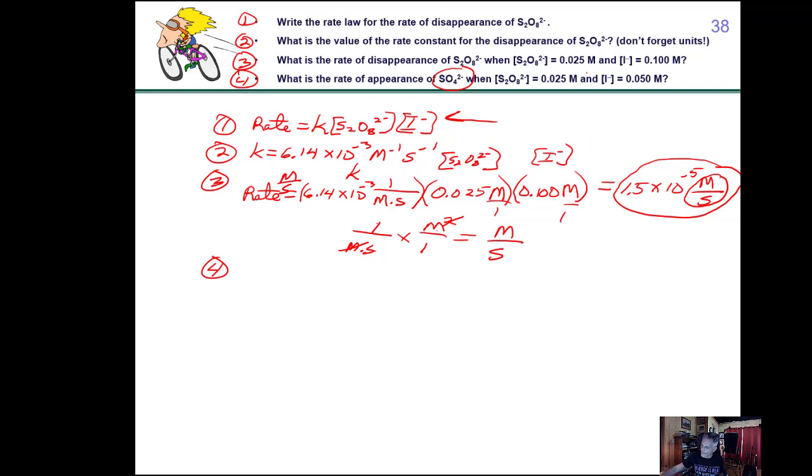First things first, let's solve for the rate of disappearance of peroxydisulfate using the rate law.